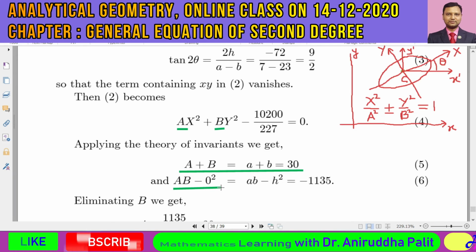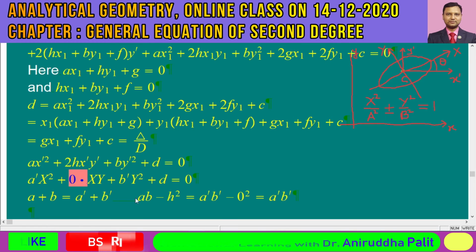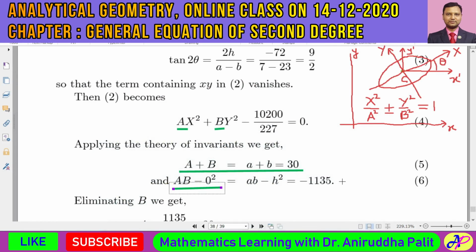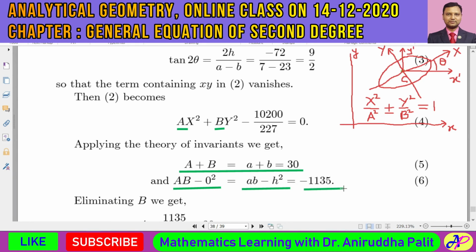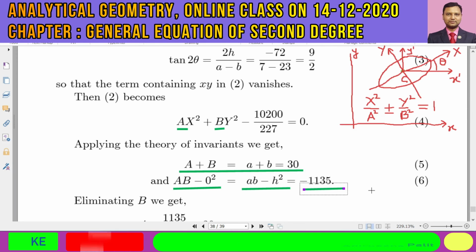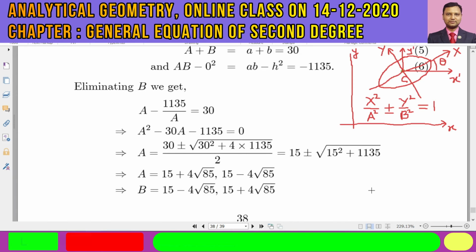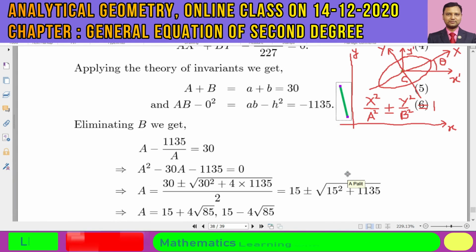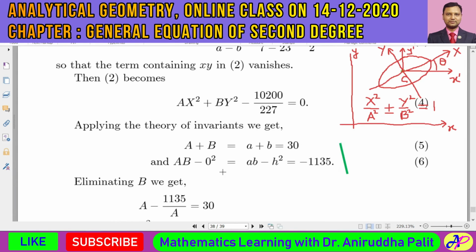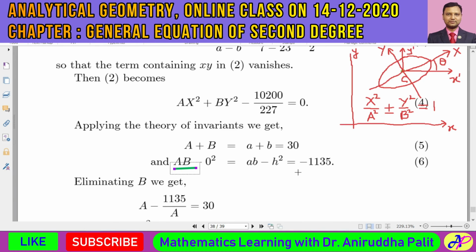Similarly, AB minus 0 square, why 0? Because of the fact that the coefficient of xy becomes equal to 0. So AB minus 0 square is equal to ab minus 8 square, and that becomes equal to minus 1135. Okay, and then we have two relations involving A and B. You see over here AB minus 0 square means simply AB, so AB is equal to minus 1135.